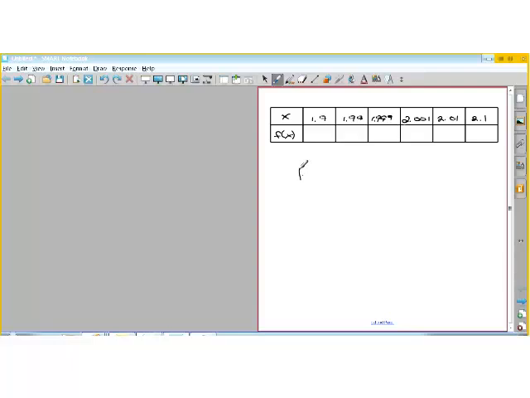Now, let's look at the expression. The limit as x approaches 2 of x minus 2 divided by x squared minus x minus 2. You say, well, can I just plug it in there? Let's do that. What is f of 2? This is a function.